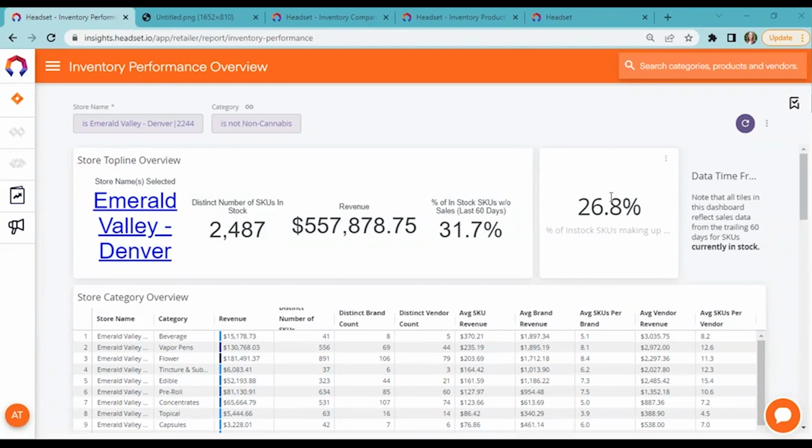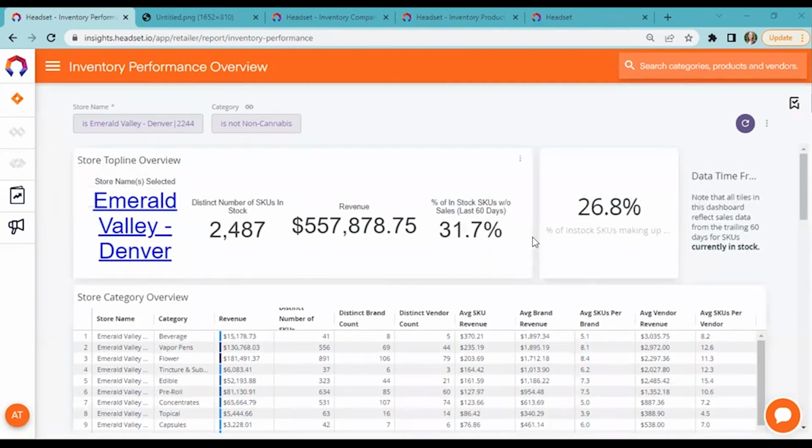Here we have almost 27% of in-stock SKUs making up 80% of sales, which is pretty good. If it was way above that, we would want to take a deeper dive into why. The rest of those SKUs make up that last 20% of sales.